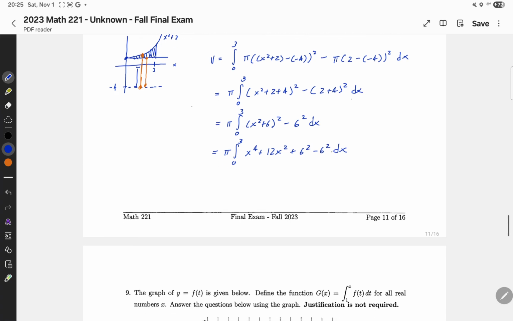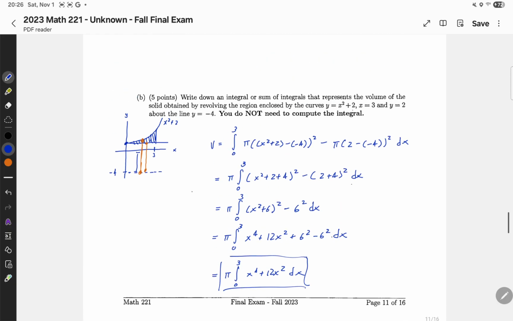These two 6's are going to cancel. We're just left with pi times the integral from 0 to 3 of x to the 4th plus 12x squared dx, just like that. And that's our final answer for the volume.